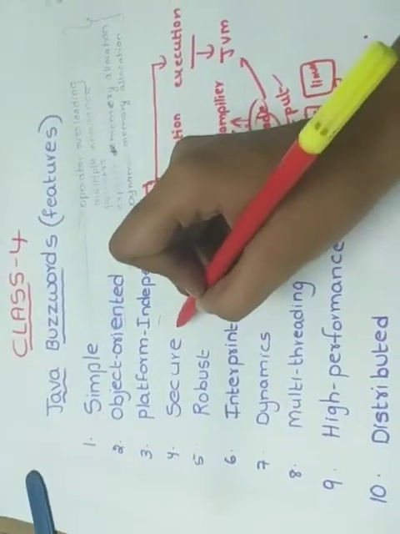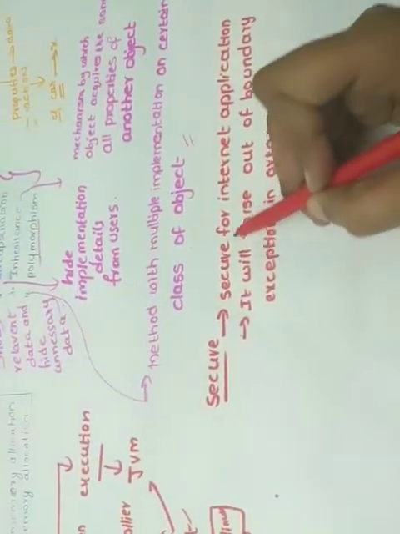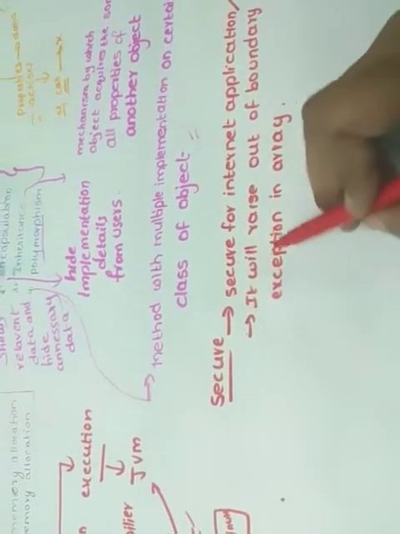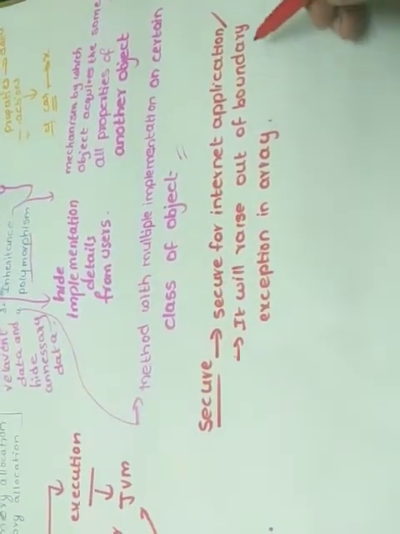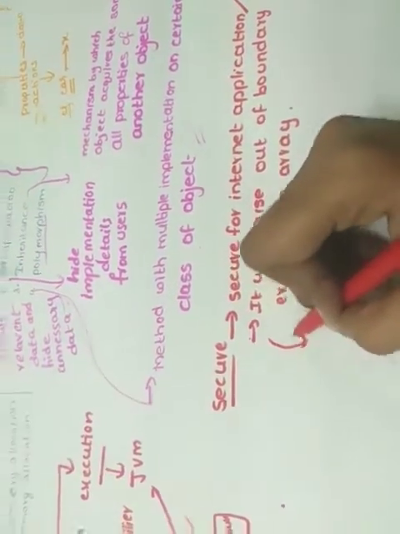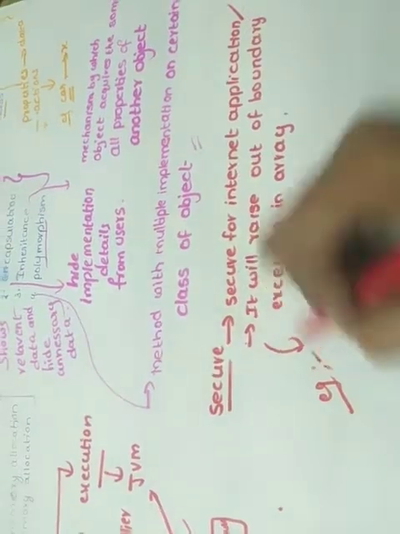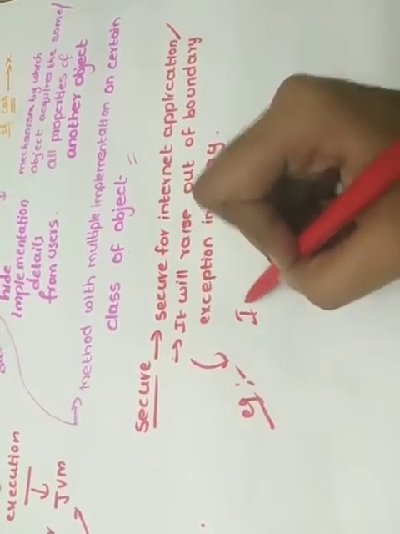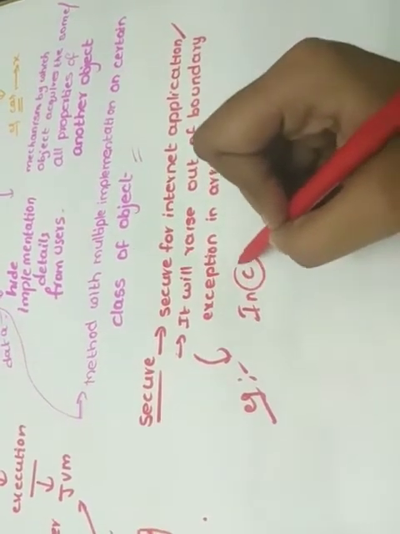Now, the fourth one, Java is secure. Java is secure for internet applications. It will raise an out of boundary exception in an array. What does this mean? For example, in C language, there is a limitation.